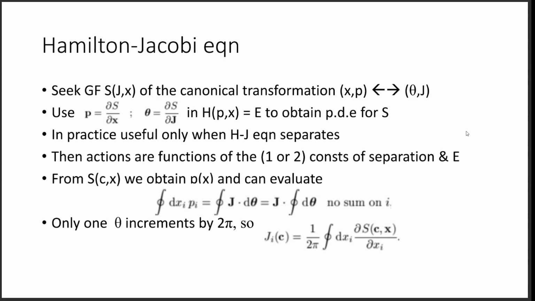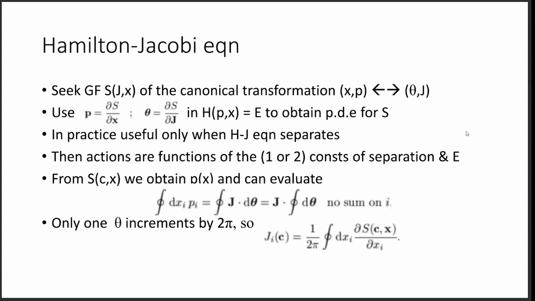And of course, given this generating function, the old-fashioned momentum will be dS by dx, and the newfangled coordinate will be dS by dJ. That's how canonical transformations work. We know that the Hamiltonian, the x's and p's, which lie on the torus, in other words, the position and momenta of points on the orbit, satisfy H of x, p is equal to E, the energy.